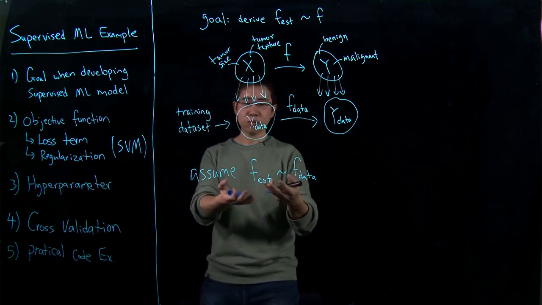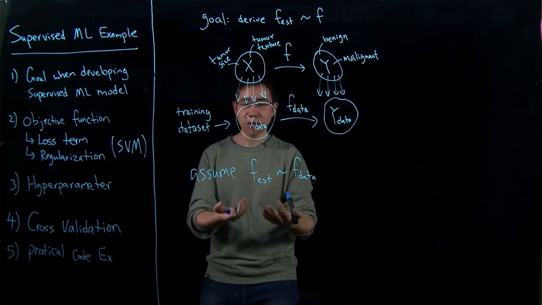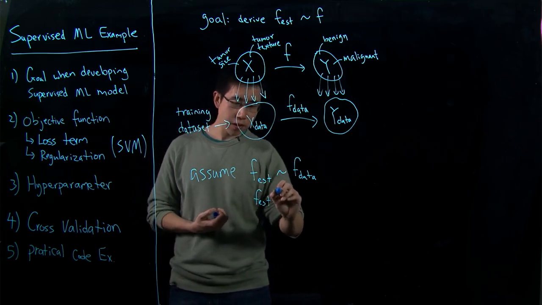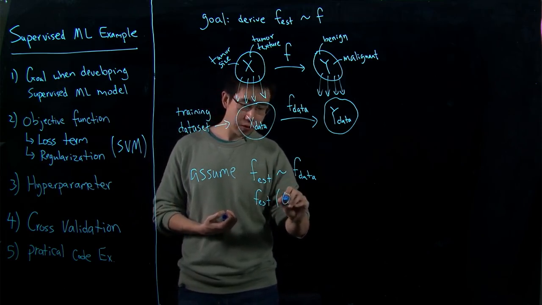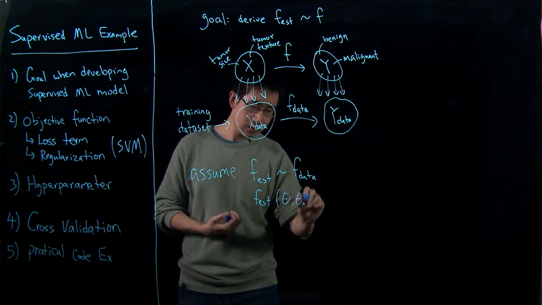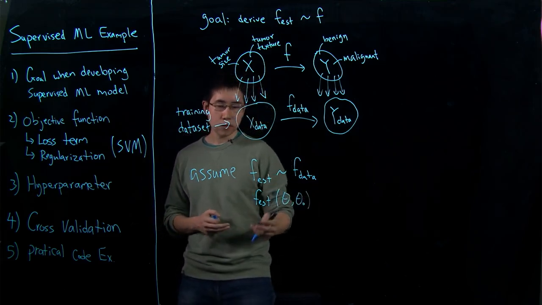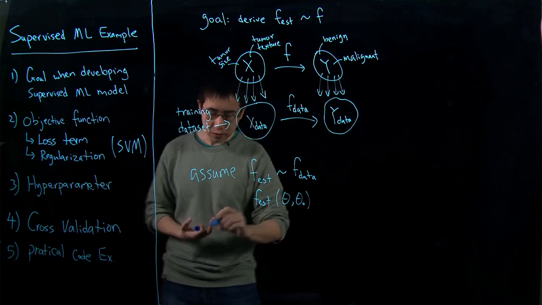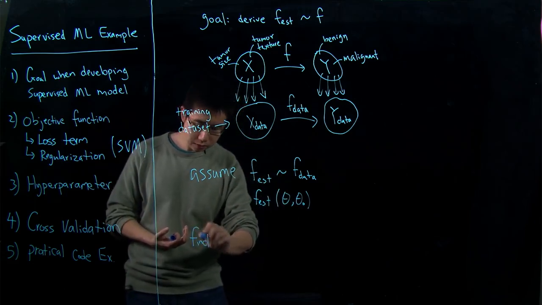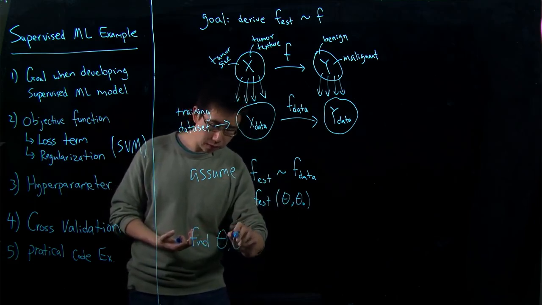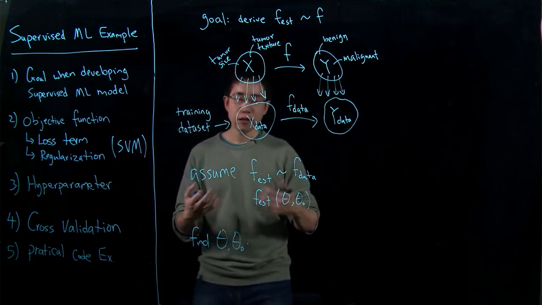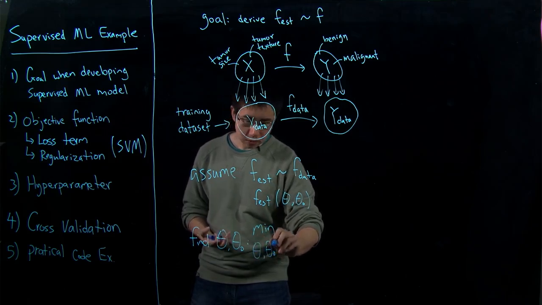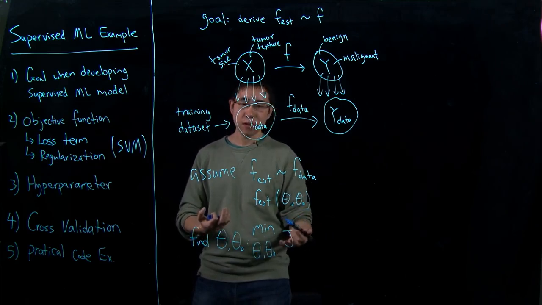And let's set some guidelines on this f estimate. Let's say that f estimate is parameterized by some parameters theta and theta naught. And to find f estimate, we can take an optimization approach. So let's find theta and theta naught such that they minimize some objective function j.